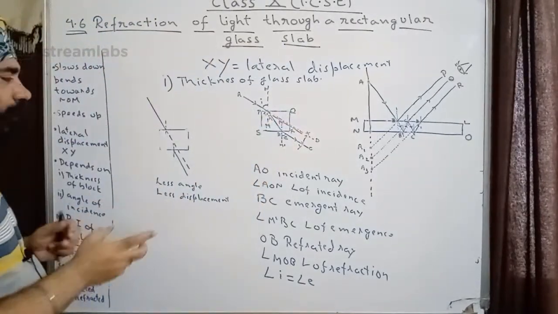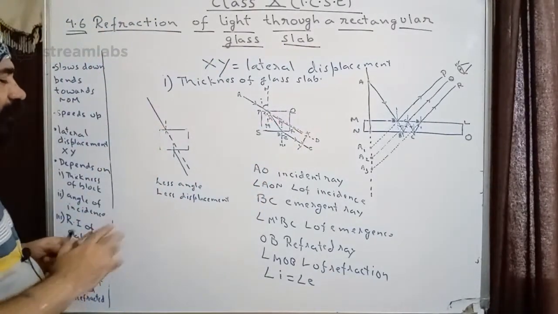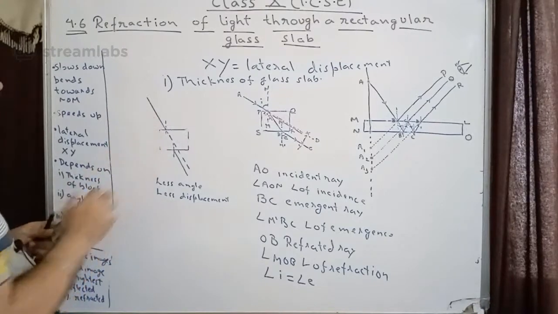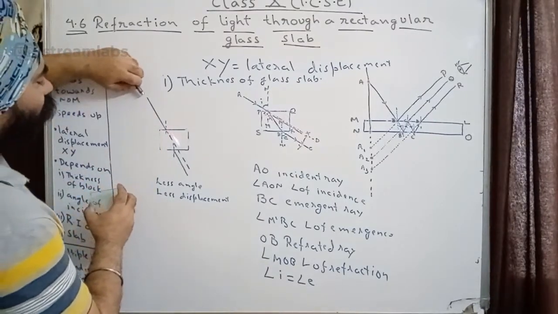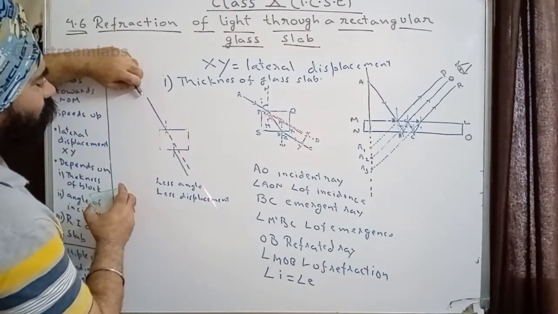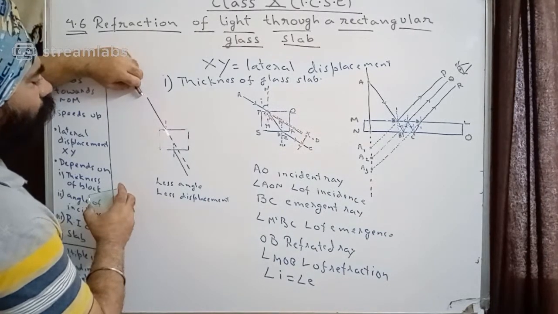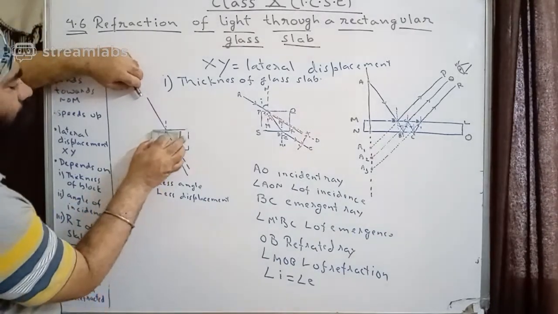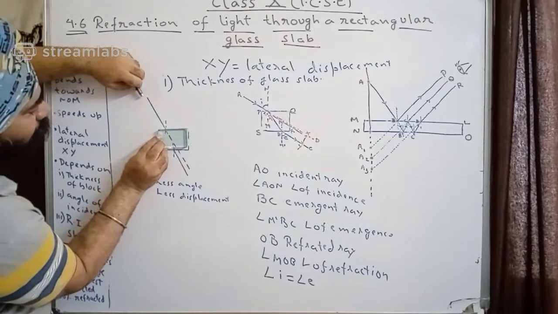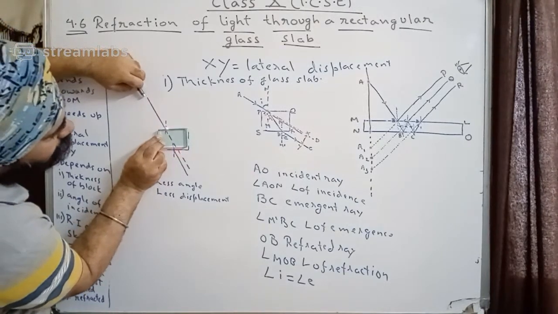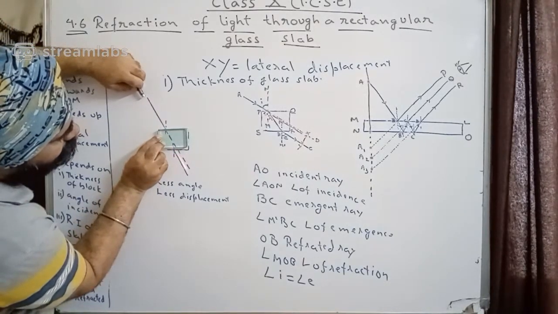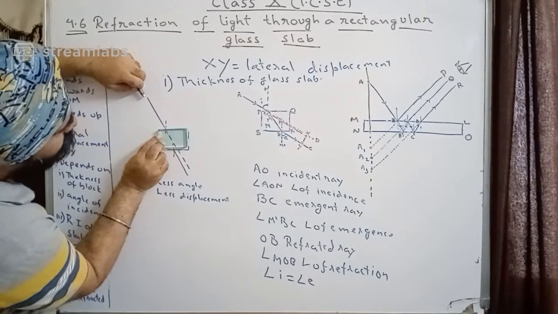Now here I change the angle of incidence. I have reduced it. Now the ray of light will travel like this, at an angle of around 25 degrees. And now I see that the lateral displacement is less.